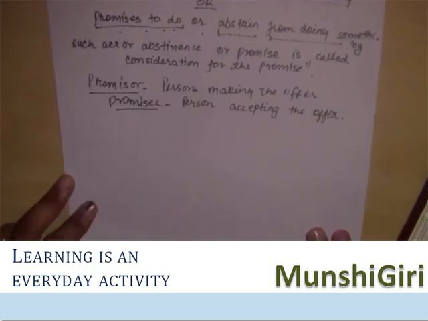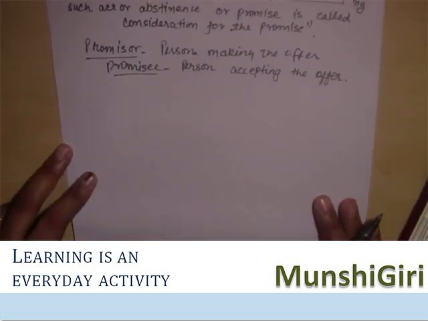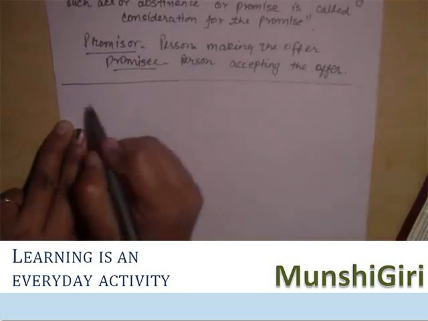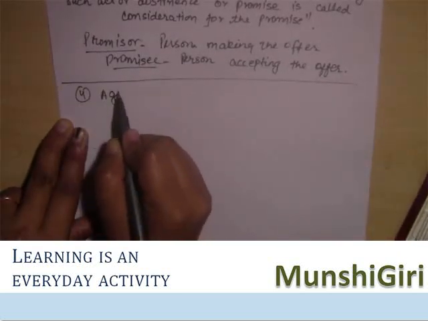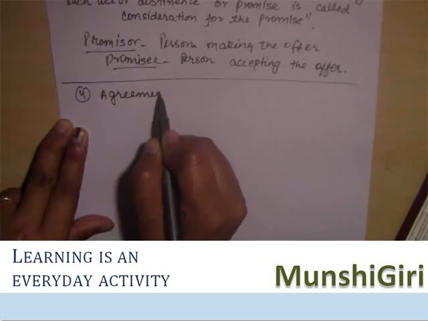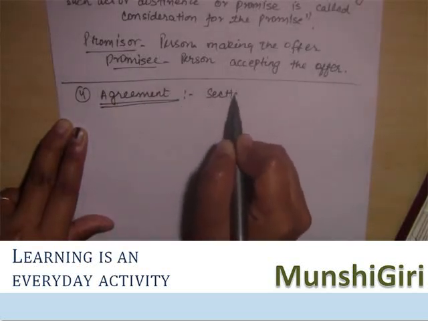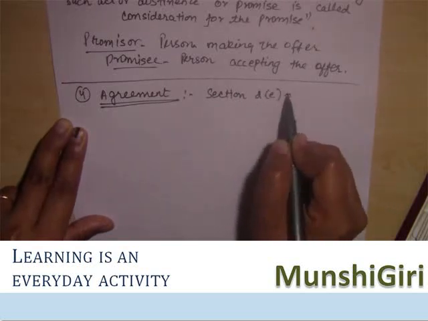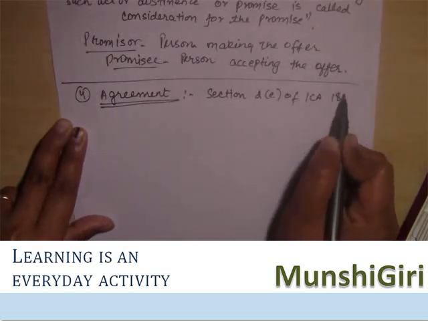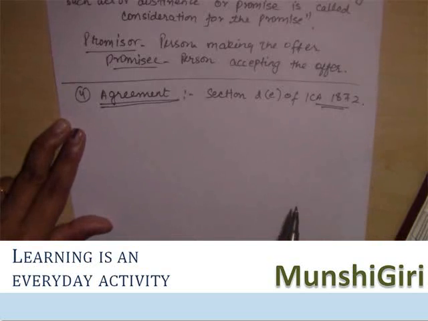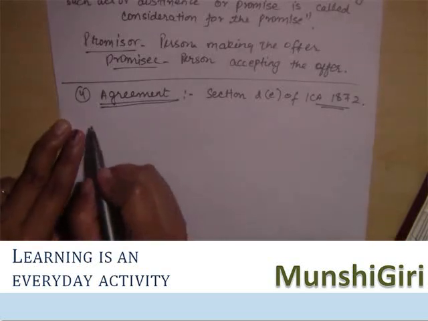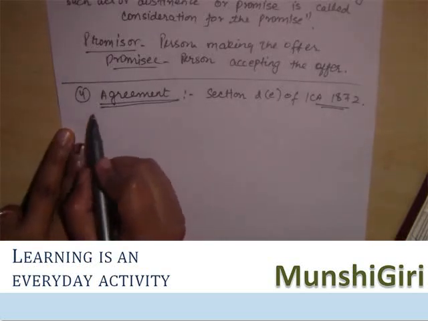Moving on, the fourth definition that we have in hand is agreement. Agreement is covered under section 2 clause E of the Indian Contract Act 1872. Now what does agreement mean? This is the legal definition of agreement I am talking about.